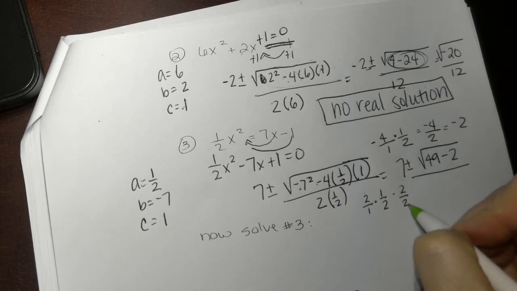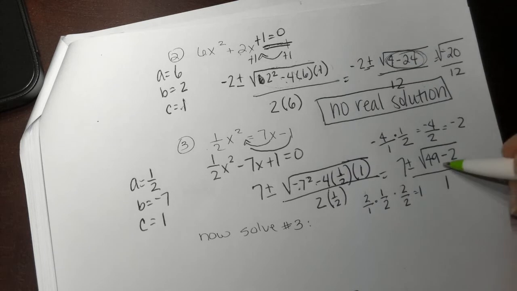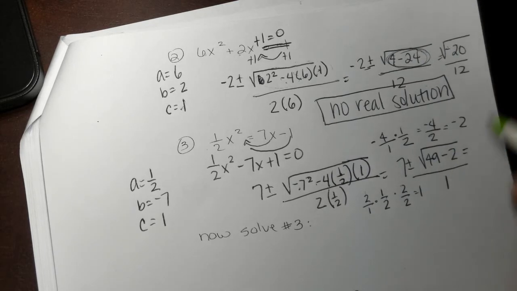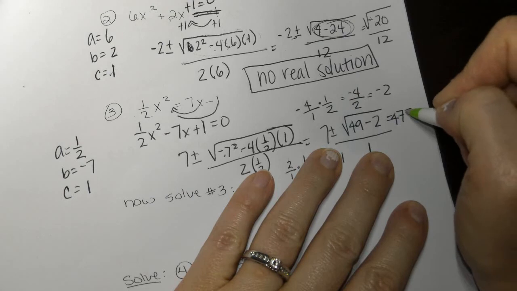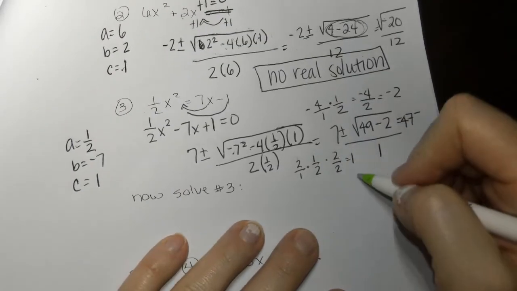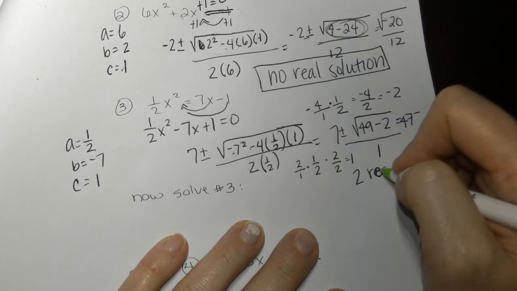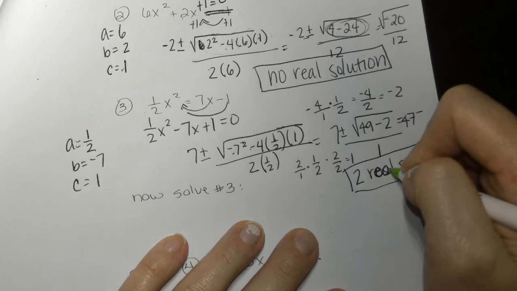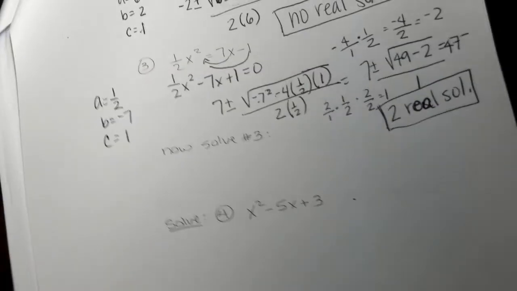That's 2 over 2, which is 1. All over 1. So up here, this part underneath the square root is going to be a 47. So it's positive. So how many solutions does that mean it's going to have? 2 solutions. 2 real solutions.